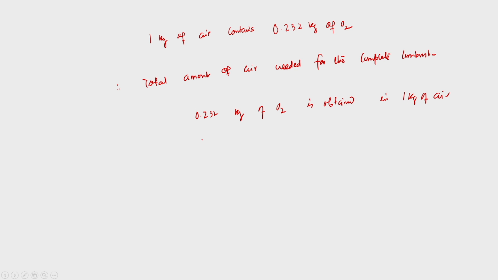Therefore 3.52 kg of oxygen is obtained from 3.52 by 0.232 kg of air. Then we can calculate what will be the air fuel ratio.